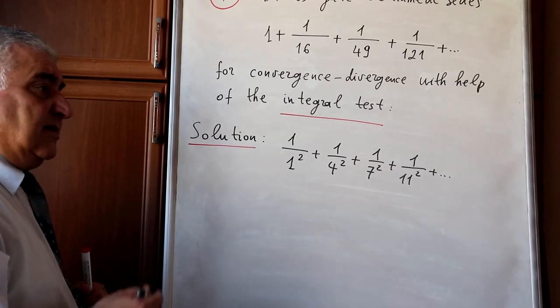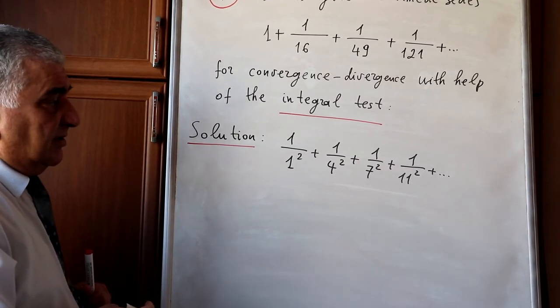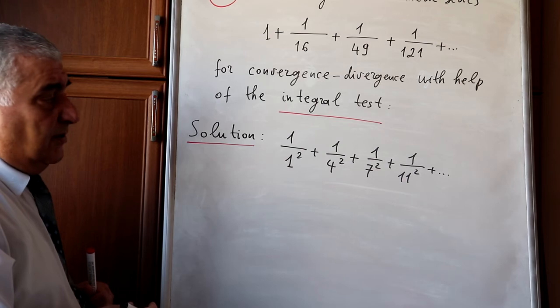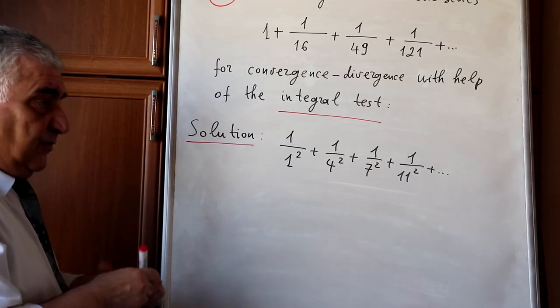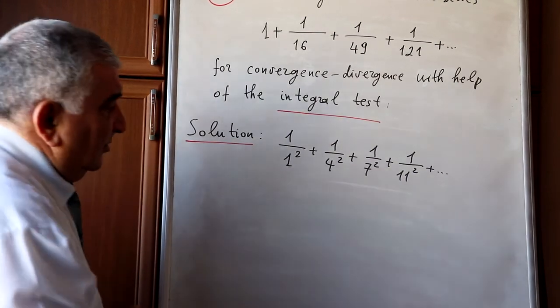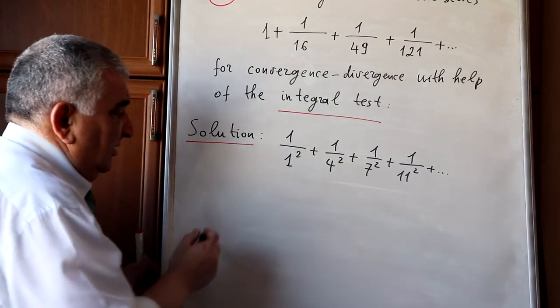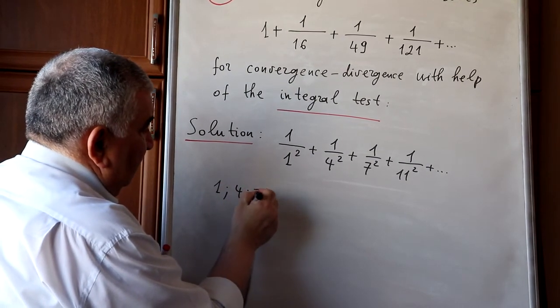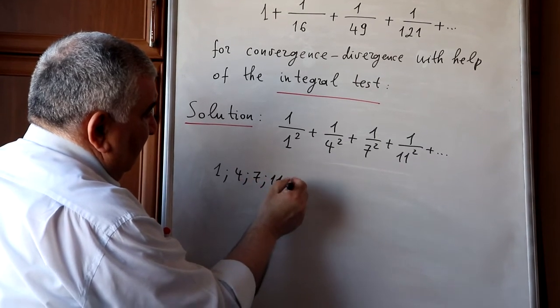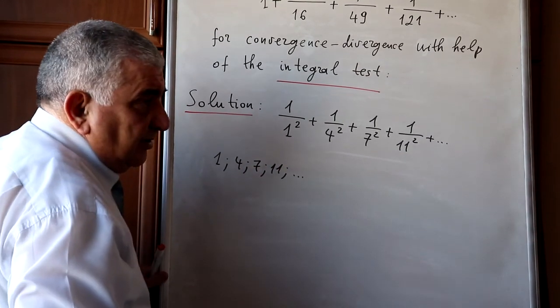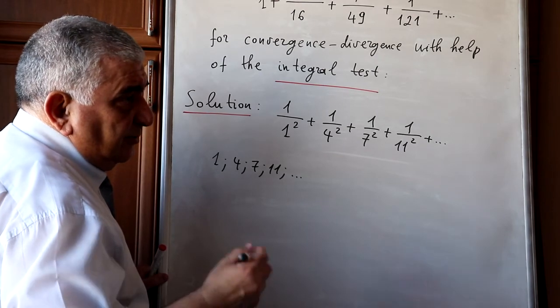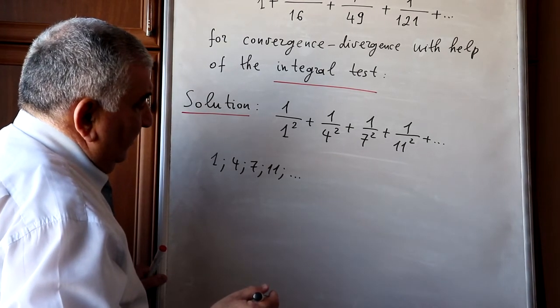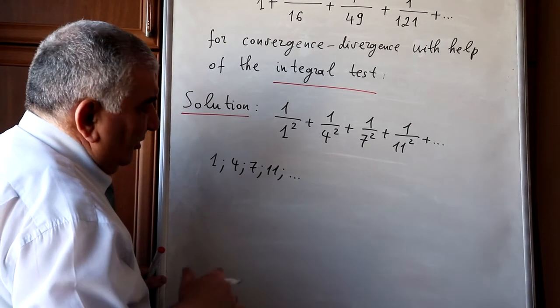Consider the denominators, the basis of squares in denominators: 1, 4, 7, 11, etc. are the terms of the arithmetical progression.